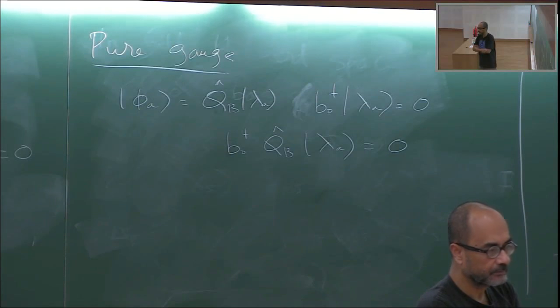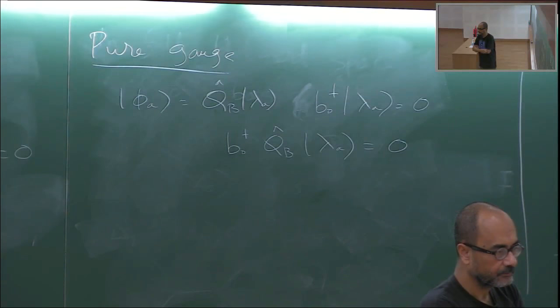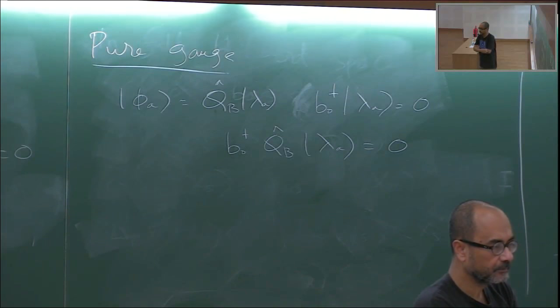So for example, if you have a state annihilated both by B naught plus and also this renormalized L hat naught plus, it's an anti-commutator between QB hat and B naught plus. Then it is automatic that B naught plus QB hat is 0.